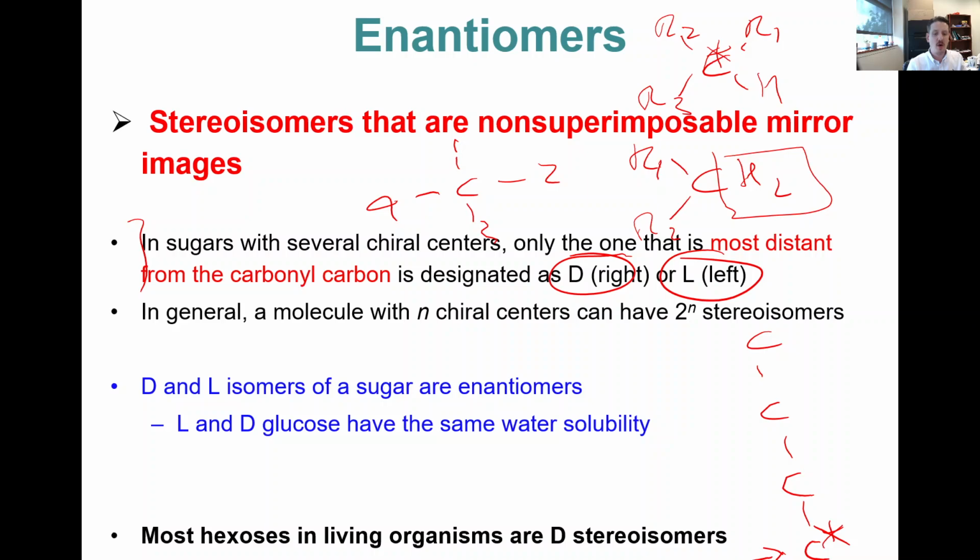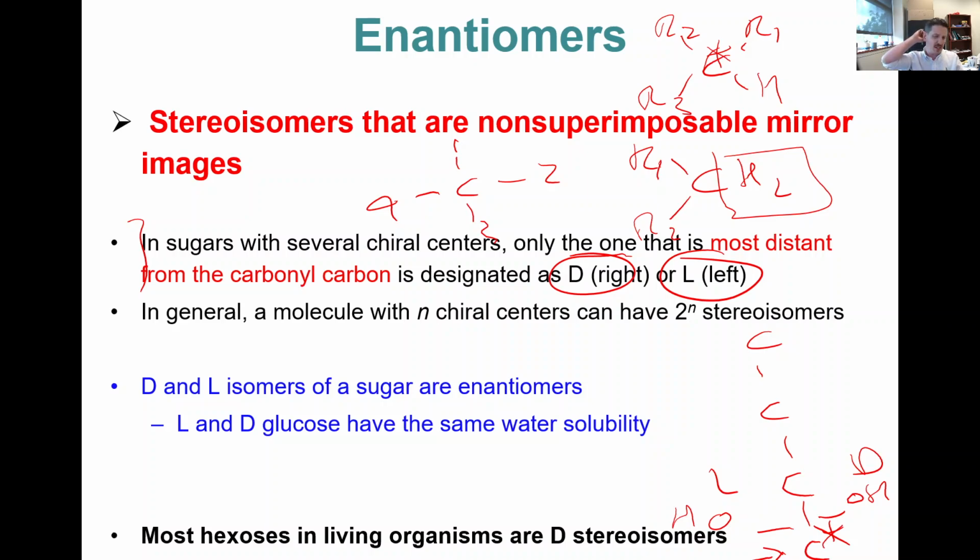depending on whether the OH is to the left, making it D, or to the right, making it L. And this D and L may be unfamiliar, but it's actually the same as S and R. It's just that it comes from an older place.